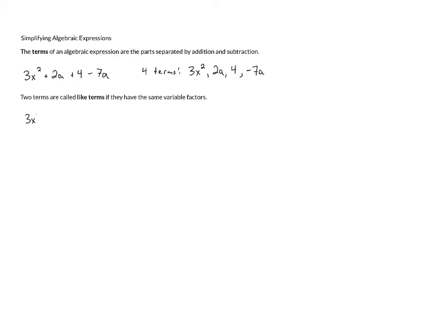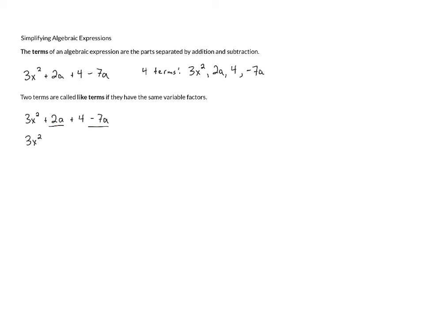So let's rewrite this: 3x squared plus 2a plus 4 minus 7a. I like to underline like terms, just kind of as notation to show myself that that's what I'm combining. So the 3x squared is going to stay there. Then we can combine the 2a and the negative 7a, and we do this by combining the coefficients, the numbers out front.